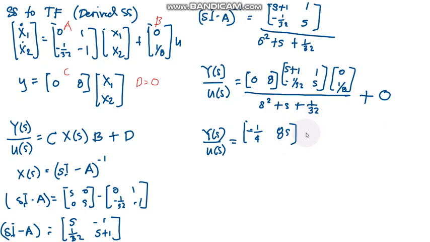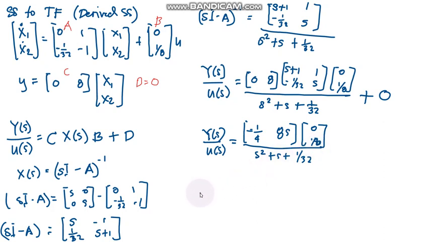This is multiplied again by 0 and 1 over 8, over s squared plus s plus 1 over 32. So we multiply this: negative 1 over 4 times 0 is 0, and 8s times 1 over 8 is just s.